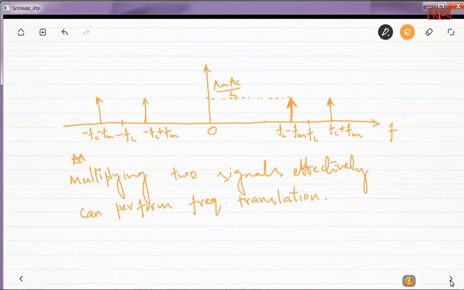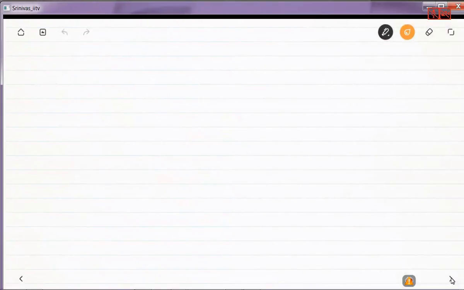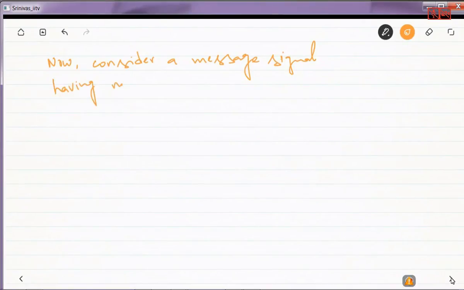Now let us consider a message signal having non-zero bandwidth.